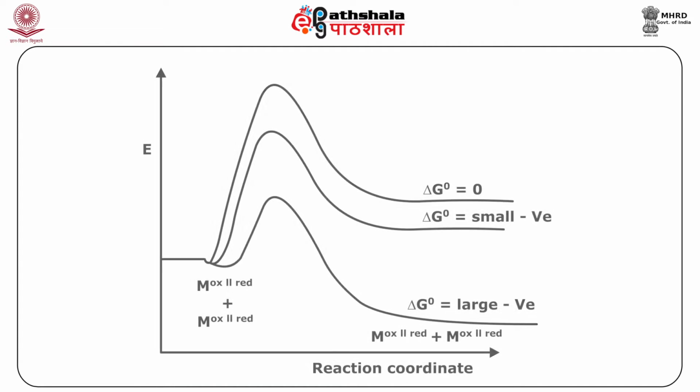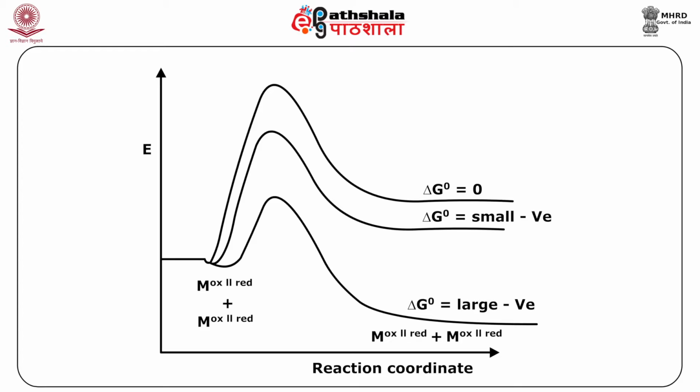When the metal oxidant and reductant come closer together and electron transfer takes place, there is formation of the precursor complex, then the electron transfer process, then formation of the successor complex, then dissociation of the successor complex.